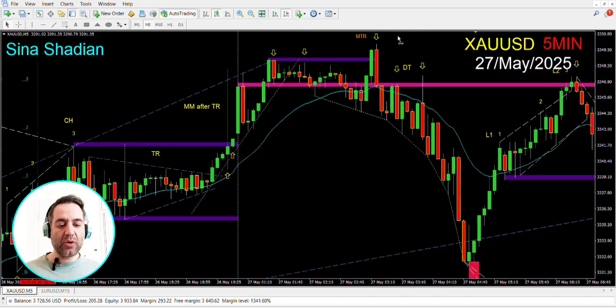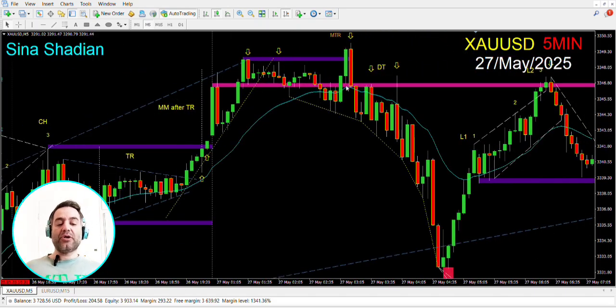Lots of traders go long, which sounds like a good logical thing to do, but I will always be waiting after trading ranges break to see whether the market is going to hold at this place or not, which is not the case here. The market comes back down extremely, and I'm going to short this candle because this is a major trend reversal, and the reason is that this trend line has broken, and now I look for short setups.